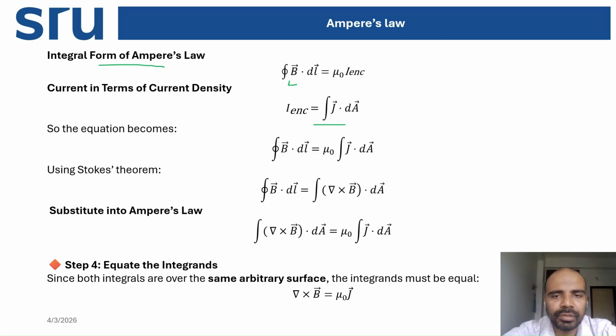If the closed path is inside the conductor, so if this is a conductor, if the closed path is inside the conductor, then it is the area of the closed path, or if it is outside of the conductor, suppose this is the closed path, then dA is the area or the cross-sectional area of the conductor, right? So this is the distance and this is the cross-sectional area, right? Which can be written as dA or A, right?